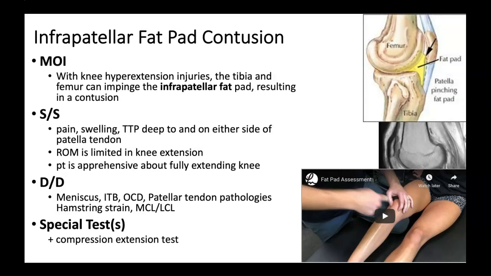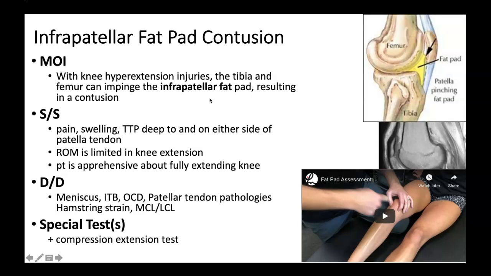So a lot of times we forget about the infrapatellar fat pad and we automatically focus on the PCL. So I'm encouraging you that if you have a hyperextension moment at the knee, then not only should we be ruling out a PCL injury, but we certainly should be looking at the fat pad anteriorly, especially if that patient isn't getting better over time with rehab, right?